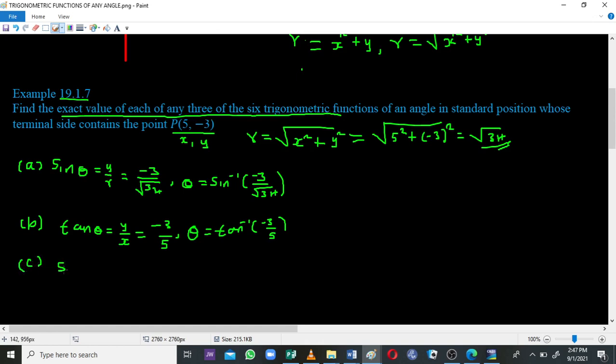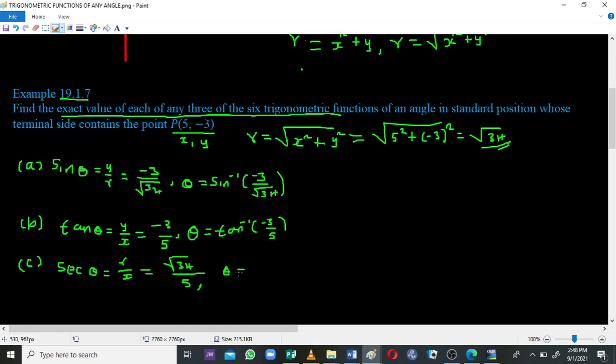Then we can use secant. Secant theta is equal to r over x. What is our r? Our r is the square root of 34, over our x value, that's 5. And so we can also find the size of theta.